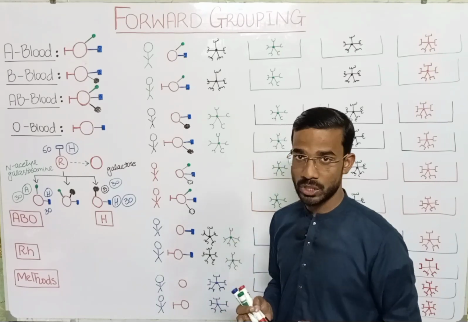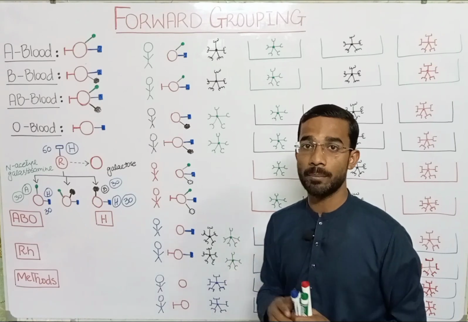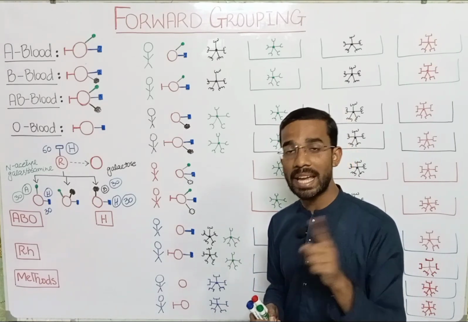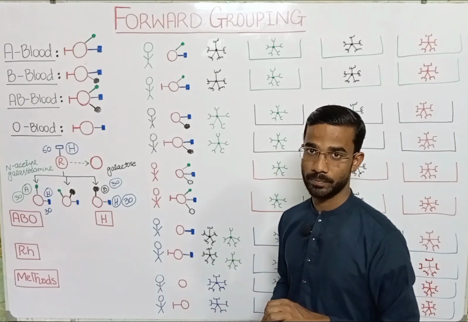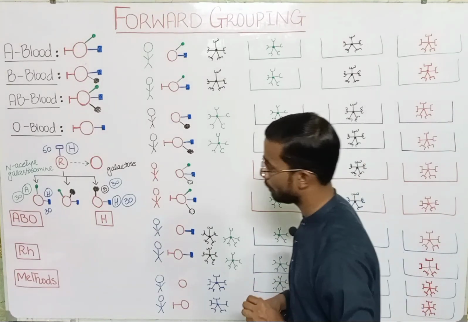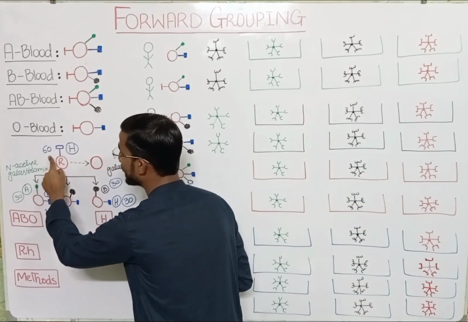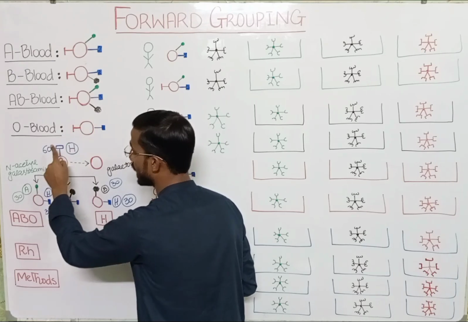In some situations, you will see a single RBC containing both A and B antigens. The total amount of H antigen present on this RBC is 60.